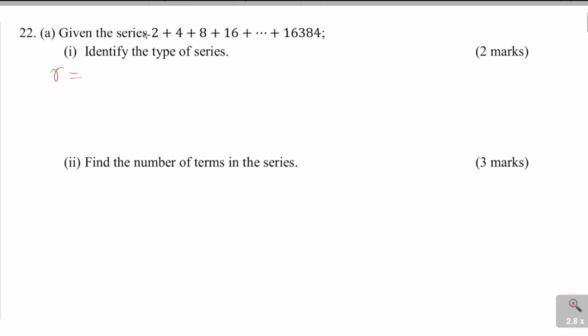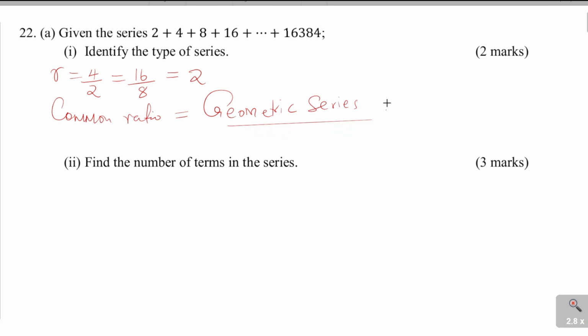You take 4 divided by 2, which is similar to 16 divided by 8, and you notice there is a constant ratio of 2. The type of series with a common ratio is a geometric series.